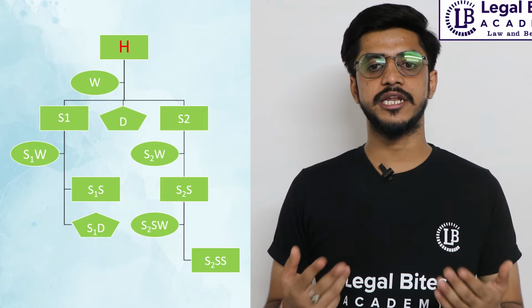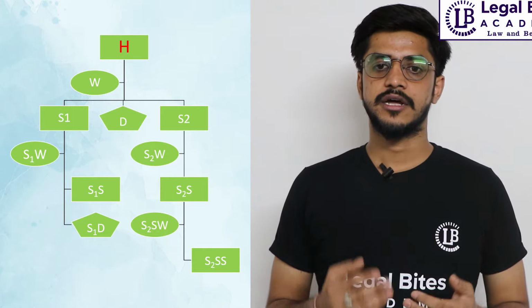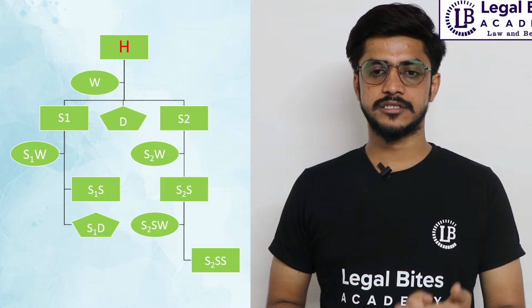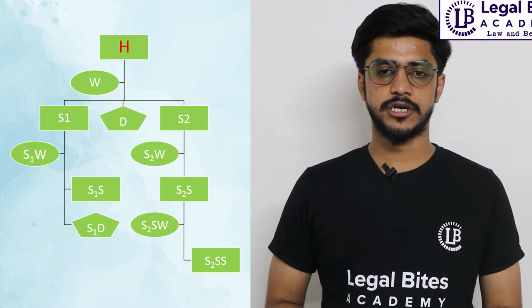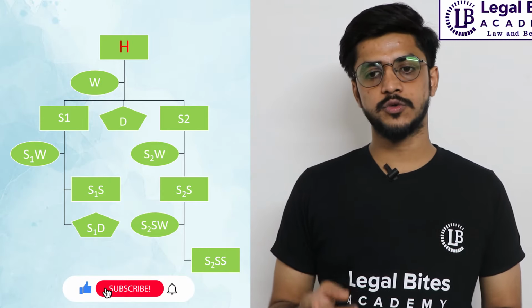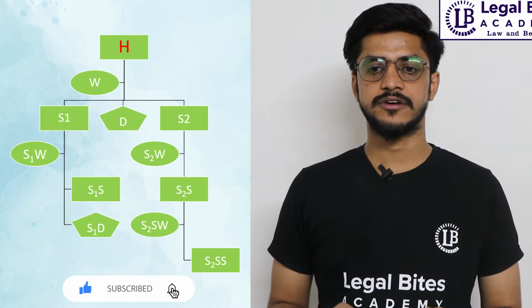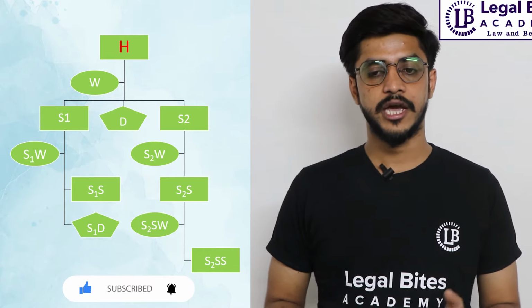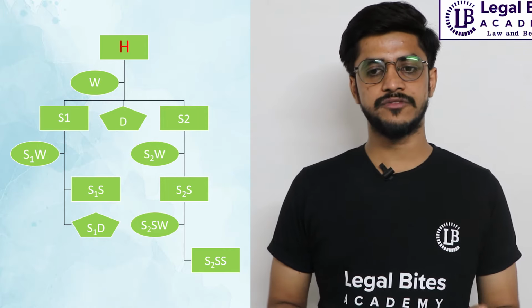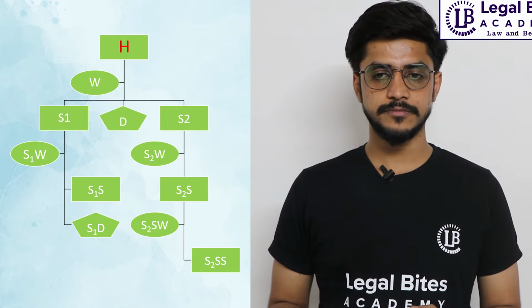S1 and S2 are the lineal male descendants of H. S1 has 2 children: S1S is a son, S1D a daughter, through his wife S1W. And S2 has a son S2S from his wife S2W. And S2S further also has a son S2SS from his wife S2SW.